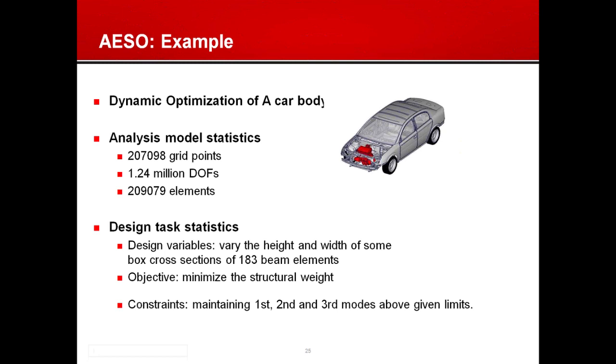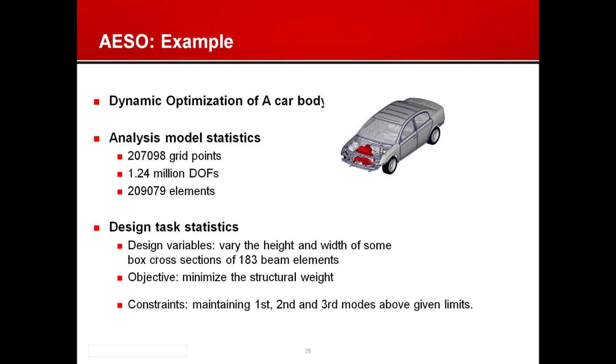Okay. Here is an AESO example, where we had a 1.4 million degree of freedom car body model, and if you're going to optimize this, you don't have to carry all of the engine along. You only carry along the parts that are designed and the responses that you're trying to monitor into a design model.